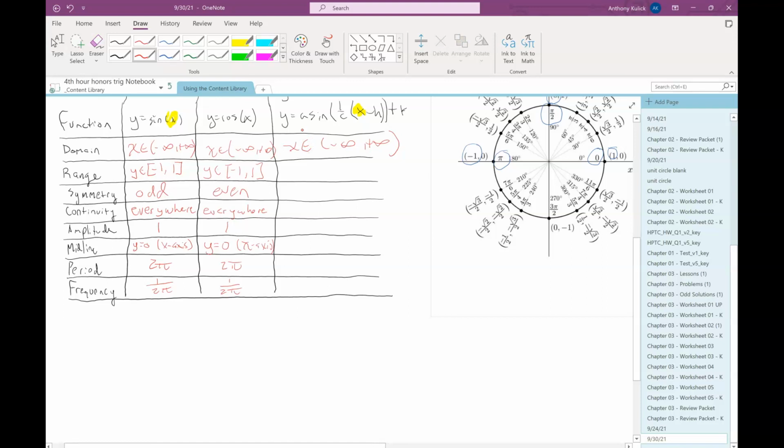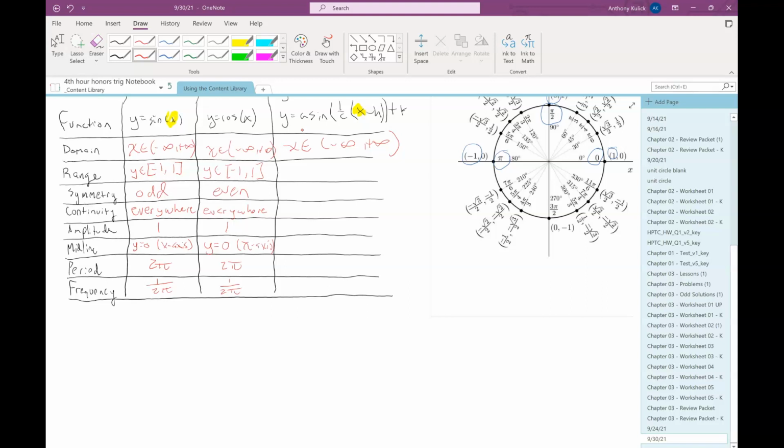So I do one of these transformations. Can the range change? Yes, right? What two types of transformations are going to change the range? Sergio? The vertical shift and also the vertical stretch, right?